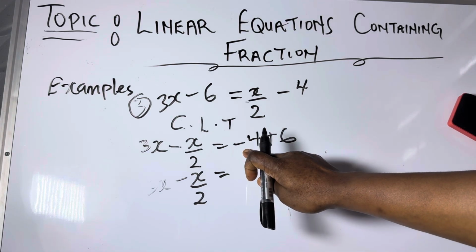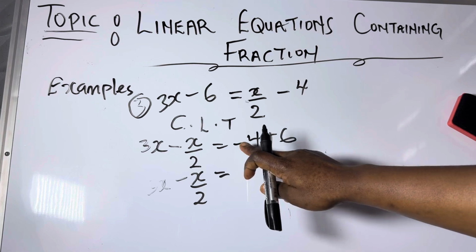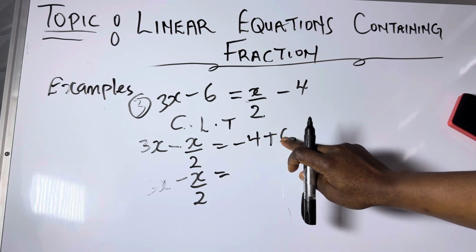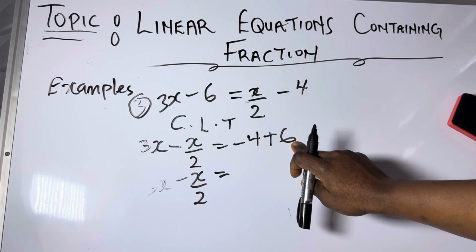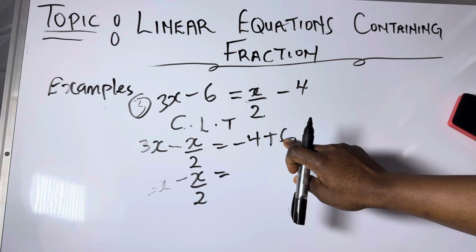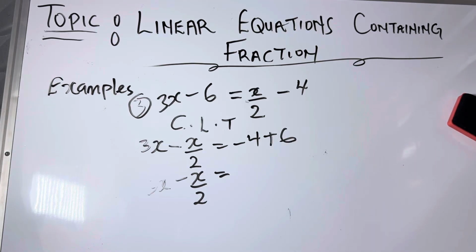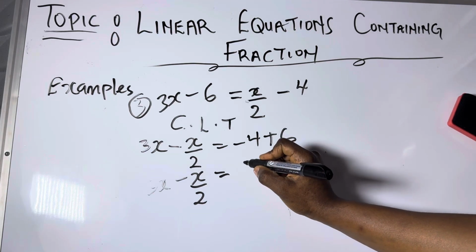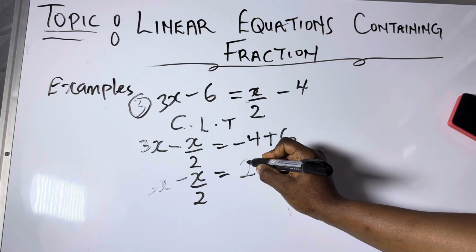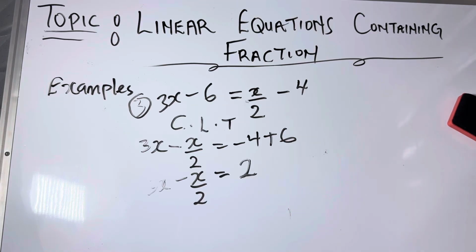Now, this is minus 4 plus 6. I'm owing 4 naira and I have 6. Now, if I remove this 4 from 6, how much do I have left? That means your answer should be in a positive way. It means I have 2 left, a positive 2.